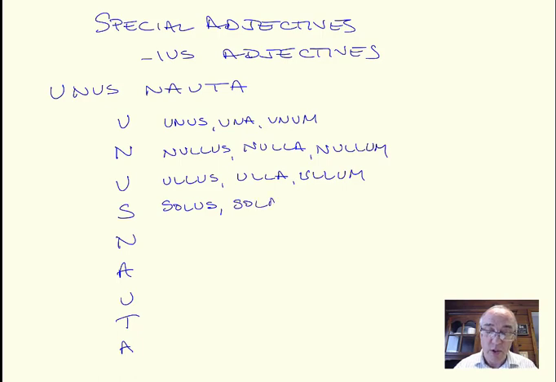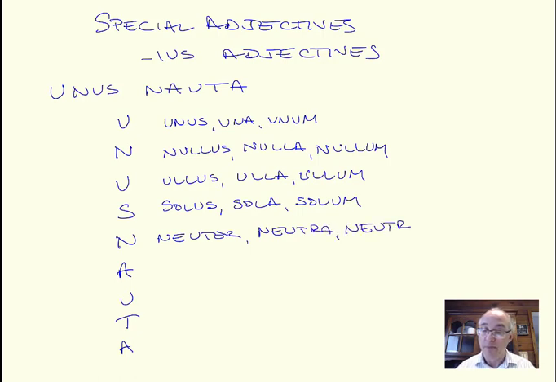Solus, sola, solum: only. Neuter, neutra, neutrum: neither. Uter, utra, utrum: either.